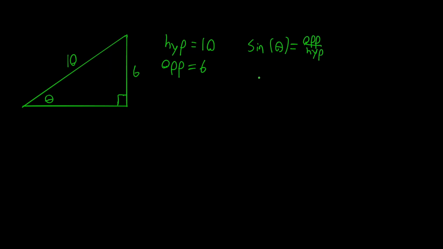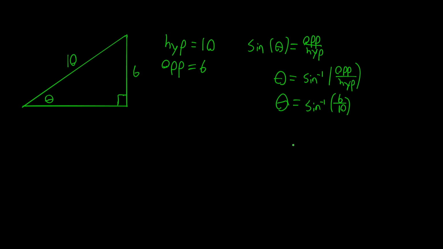However, remember that what we want to do is solve for the angle theta. So what we're going to write instead is theta is equal to the inverse sine of the opposite over the hypotenuse. Okay, so now we can plug all of our variables in, which is going to give me theta is equal to the inverse sine of 6 over 10.